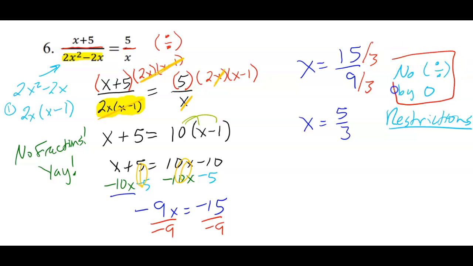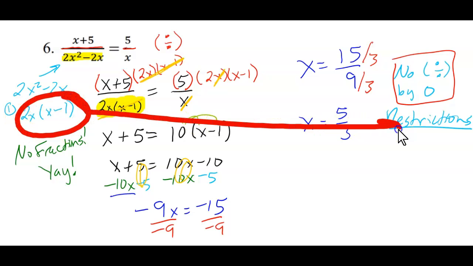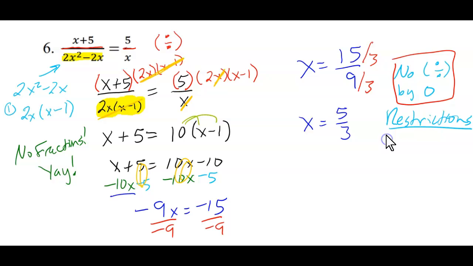So I have to check to see where that happens. I'm looking at this factored set here, and I'm going to bring that over here to look at it: 2x times x minus 1.